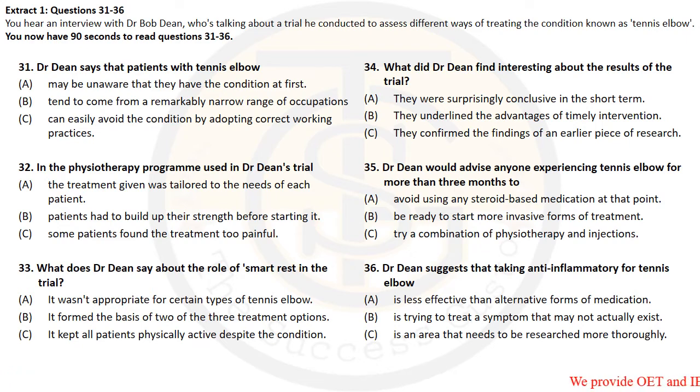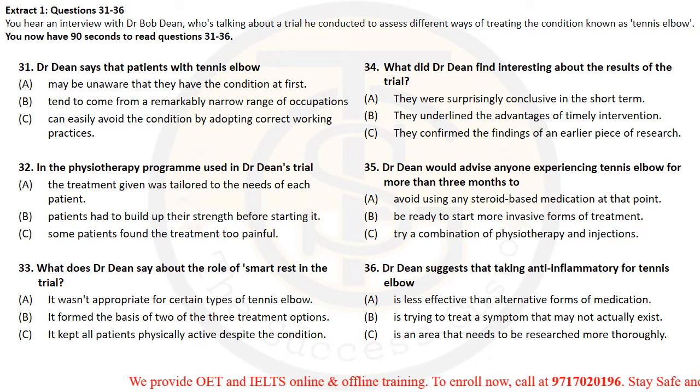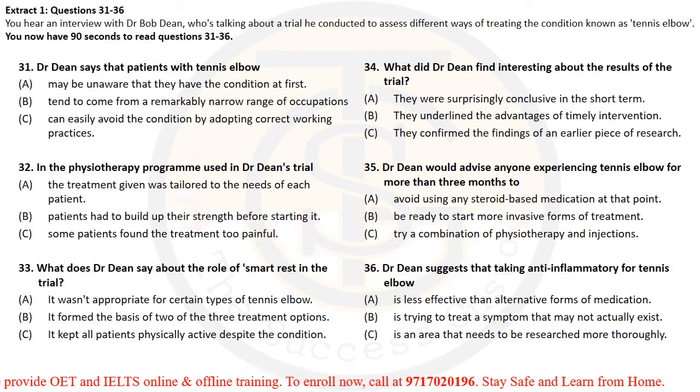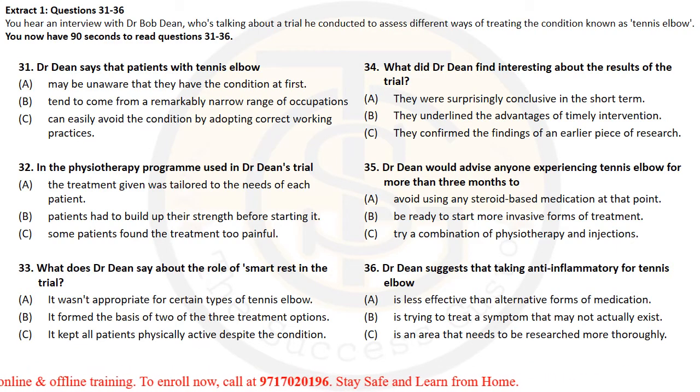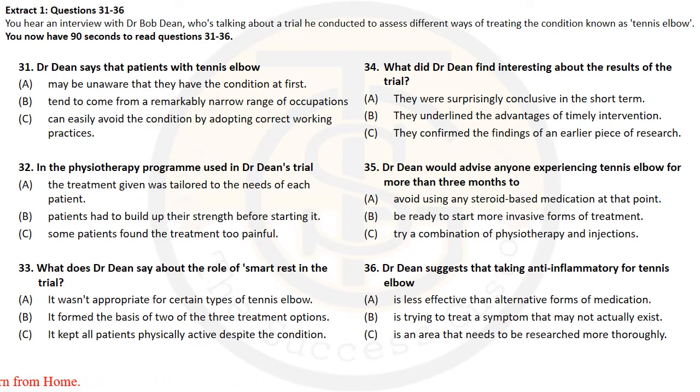So what was your approach in the trial you conducted? Well, we divided our patients into 3 groups. One group followed a physiotherapy program, another was asked to do nothing to see if the condition just went away by itself, the wait-and-see group we called them, and people in the 3rd group were given steroid injections. The physiotherapy we used was a specific elbow manipulation.